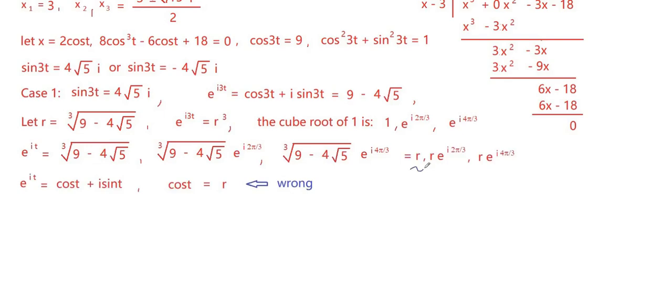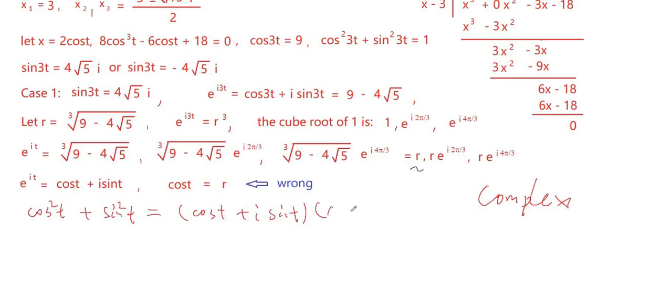Let us think about the first one. We know e to the it equal to cosine t plus i sin t, but we cannot simply say cosine t equal to R. Here, both cosine t and sin t can be complex numbers. So we can do it like this: cosine squared t plus sin squared t equals cosine t plus i sin t times cosine t minus i sin t, equal to 1.